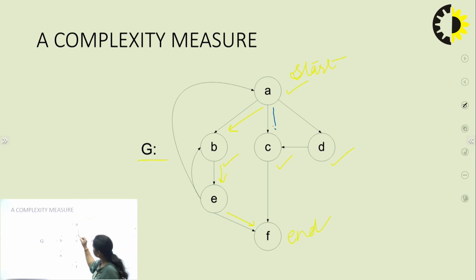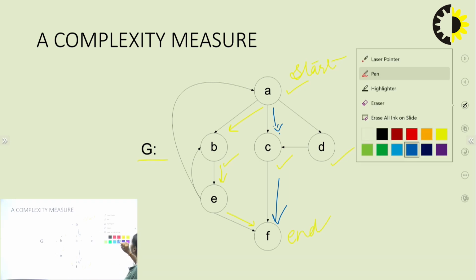If I choose this, C will reach F directly. There is no other node or alternative. Once I reach C, it will directly reach F. There is no repeat after C, or any back loop which will reach back to the initial stage.